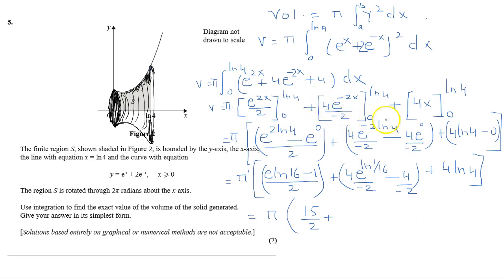We would have simplified it here anyway, there's no problem. This is plus 2, plus 4 ln 4. So this is pi.